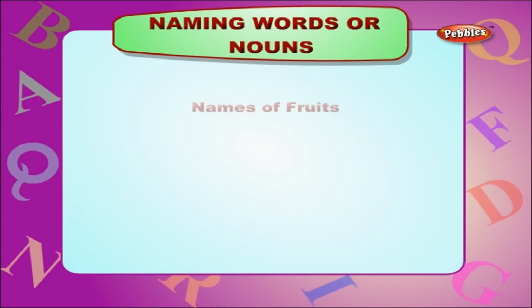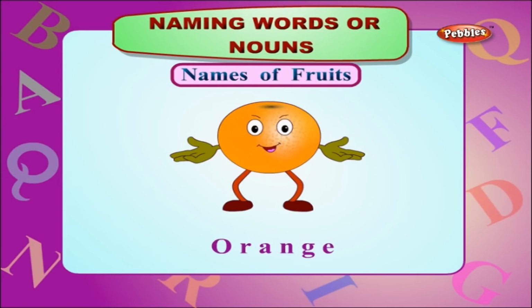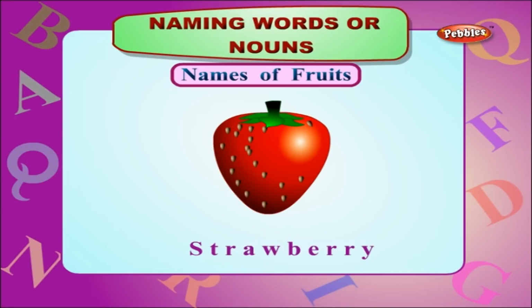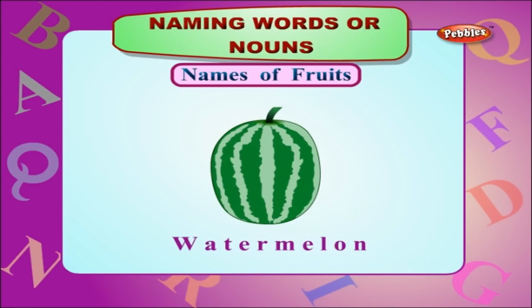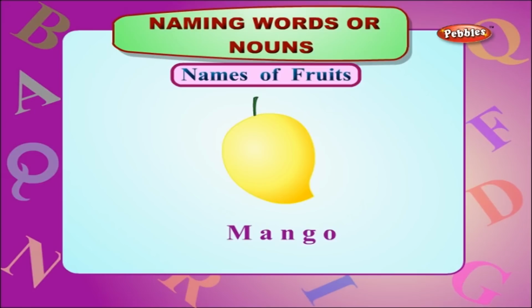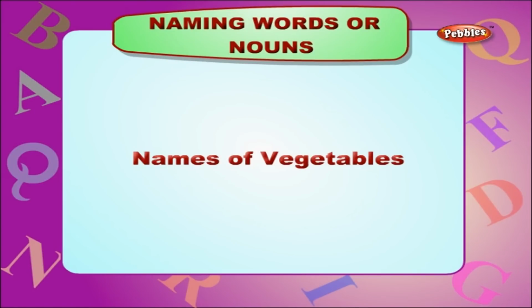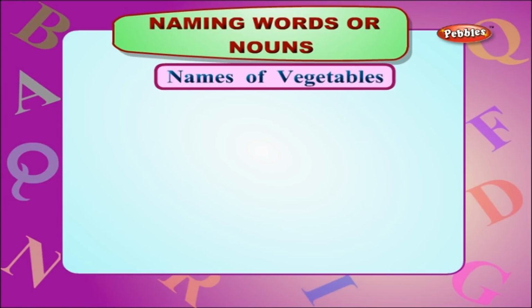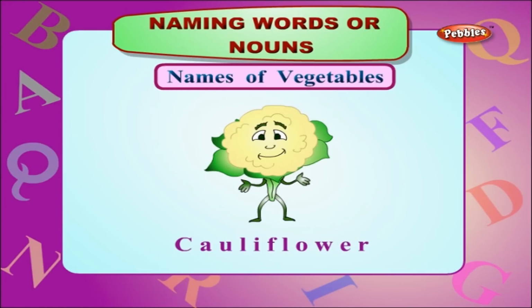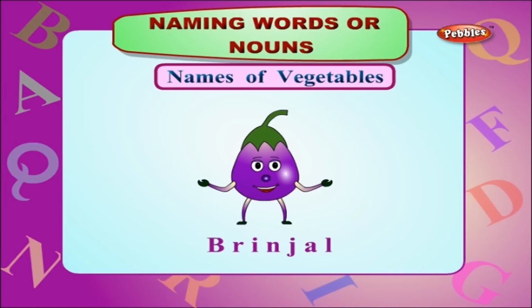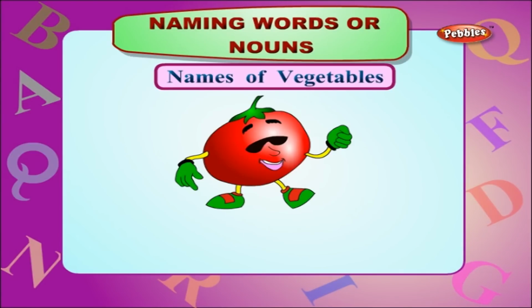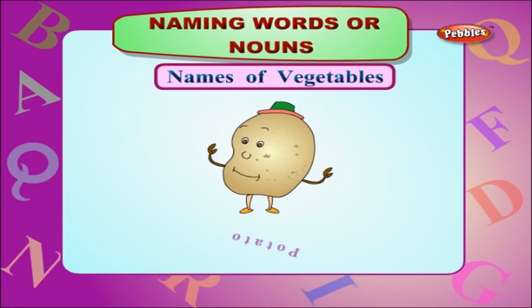Names of fruits: orange, strawberry, watermelon, mango, jackfruit. Names of vegetables: cauliflower, brinjal, cabbage, tomato, potato.